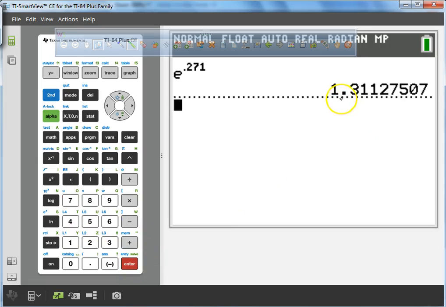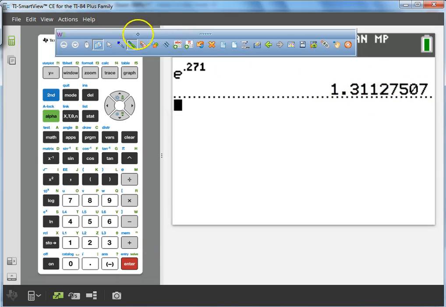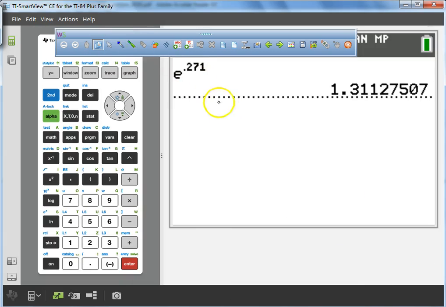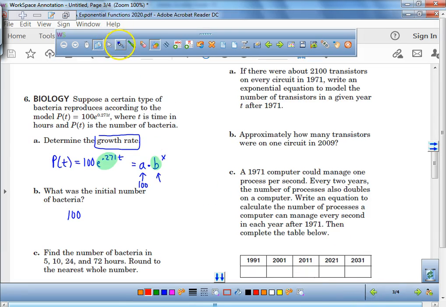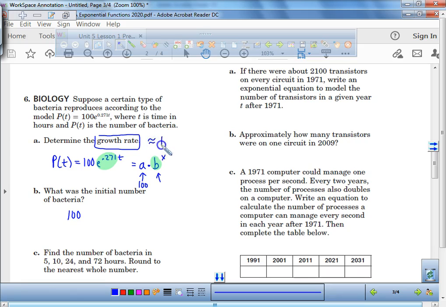Do you guys see this number, 1.311? That's our growth rate. So what I want you guys to do right now on your paper is understand this equals this growth rate. Just do it to the nearest thousandth. So just cut it off right there. That's good enough. That's your growth rate for our problem. So determine the growth rate. The growth rate was approximately equal to 1.311.